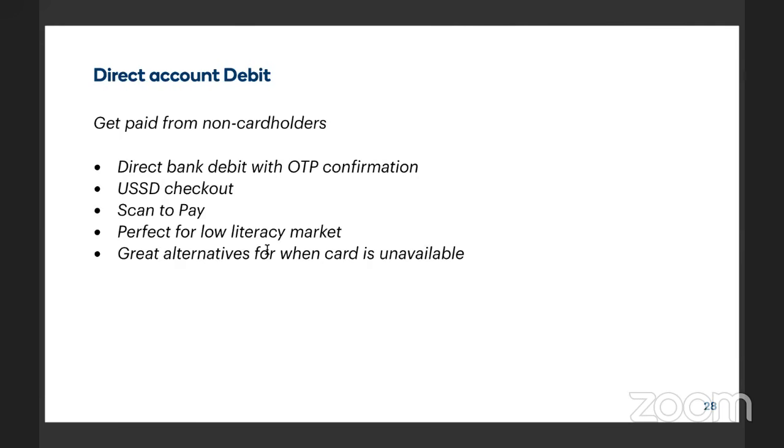So this is great for people who don't have cards, people in low literacy markets where they have only bank accounts. So if you're dealing with people who don't know anything about card number and CVV and expiry date and month, they can always pay with bank.